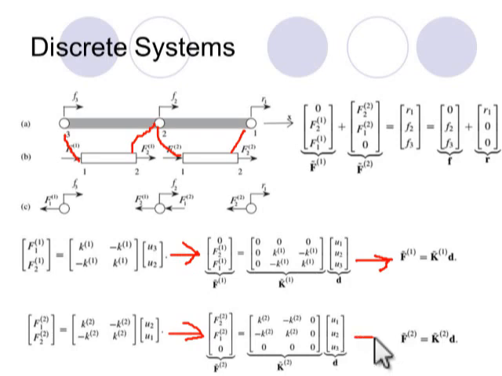Therefore, I will obtain this expression again: a vector with 3 components, a 3 by 3 matrix, multiplied by a displacement vector with 3 components.